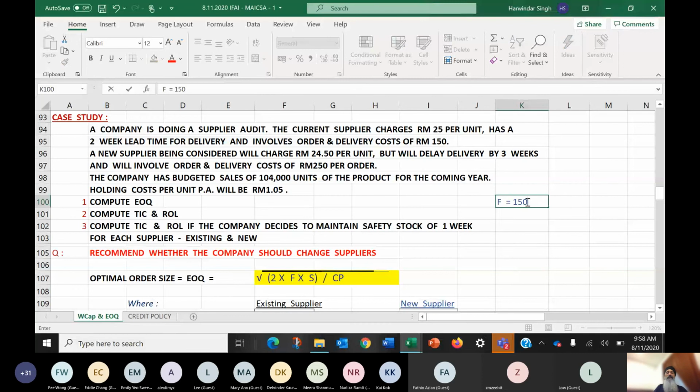A new supplier is being considered and he will charge a bit cheaper, 24.50 per unit, but will delay delivery by 3 weeks. This fellow delivers within 2 weeks, the new supplier takes 3 weeks and will involve order and delivery cost of 250 per order. So F is 250 for the new supplier.